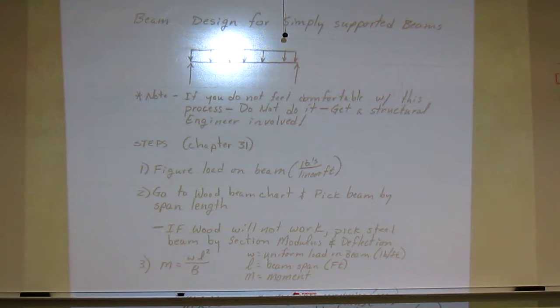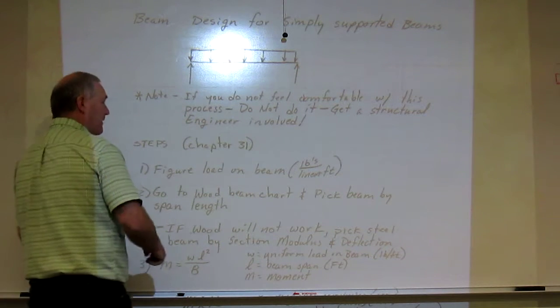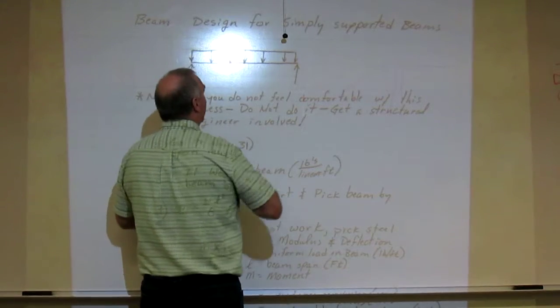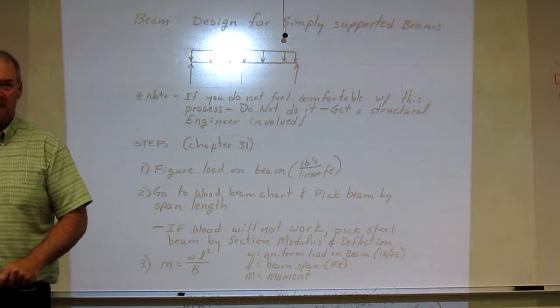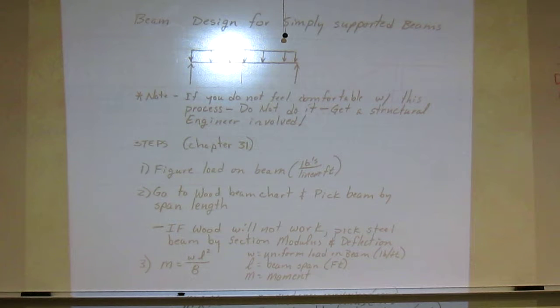Now, what we're going to look at is only simply supported beams, which means that we have support on the end pieces only. Okay. When we start talking about complex, what we then have is beams that are supported from multiple locations. And the whole dynamic changes when that goes on.